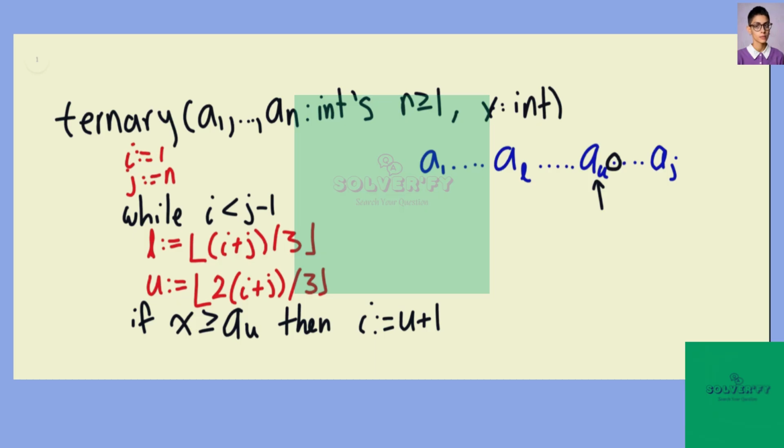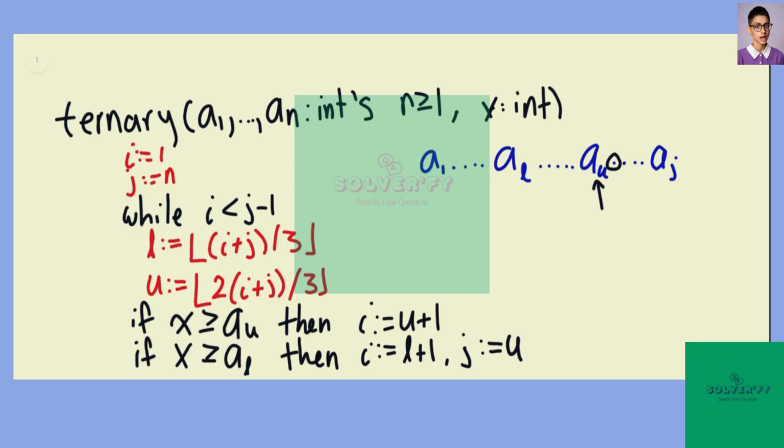Okay, but then we want to do the same thing. What if x is between l and u? So we want to say, well, if x is greater than or equal to a sub l, then in this case, we need to set i and j. So we need to set i equal to l plus 1. But we also want to stop it at a sub u, so we'll also set j equal to u.